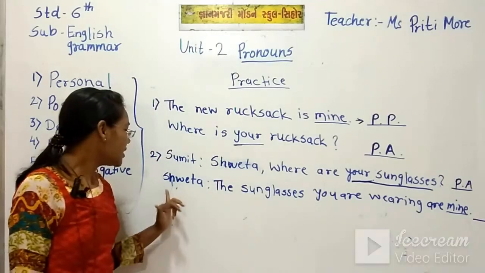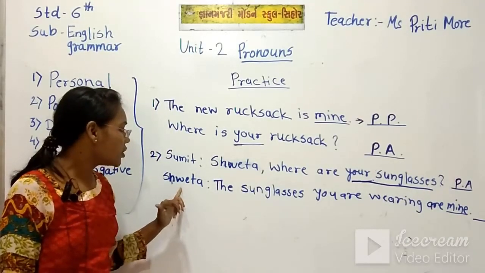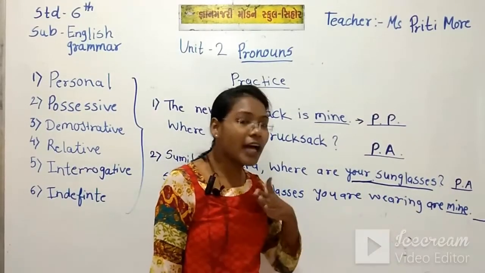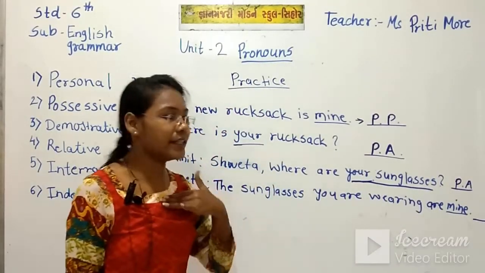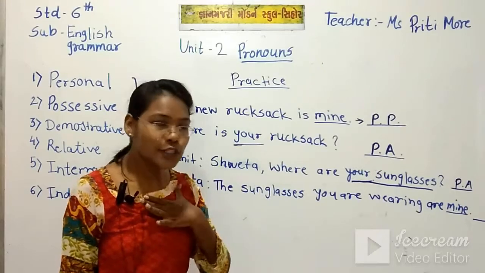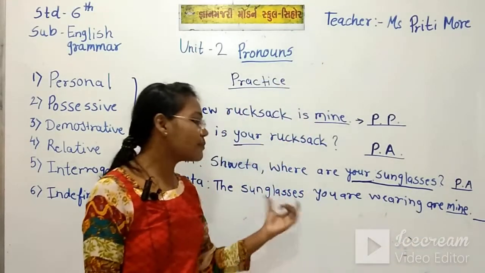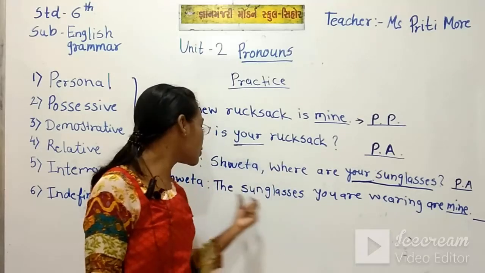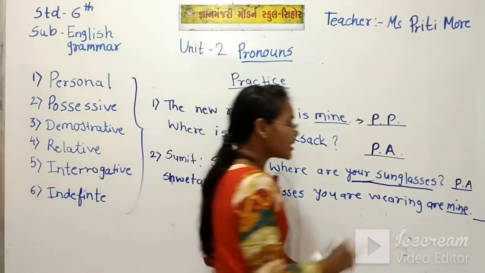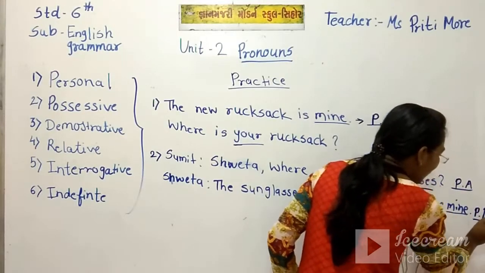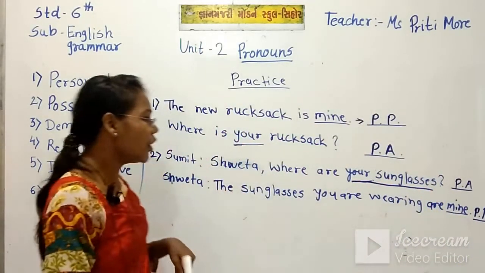Now see, what is Shweta saying? Shweta is saying the sunglasses which you are wearing are mine. It's mine. The sunglasses belong to me. So the authority is showing here. That means the sunglasses belong to Shweta. So this mine word is telling us this is a possessive pronoun.